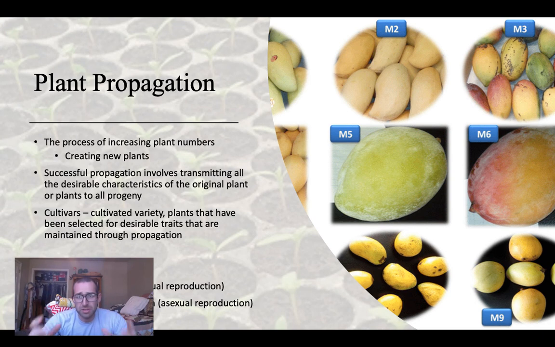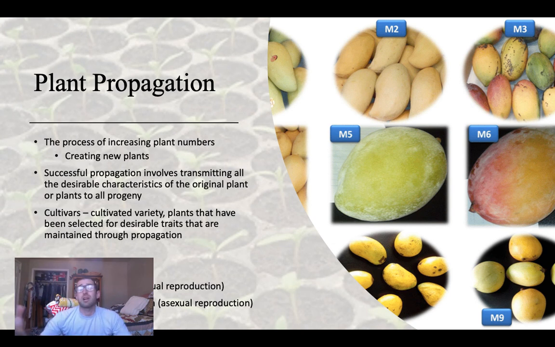So what we want to do is, as we create, we've made those traits beneficial for us, whether it is higher yields or increased fruit size or increased sugar content, etc. Right? So when we propagate, when we are going to create new plants, we want those new plants to have those same traits as the parent plants, right?